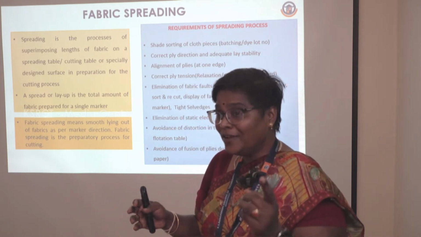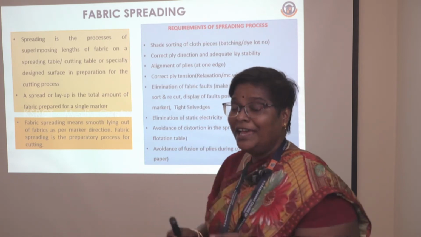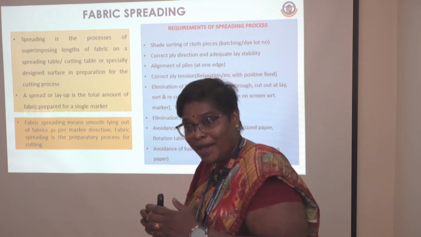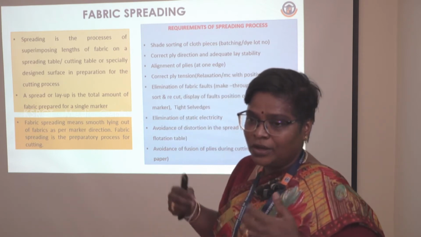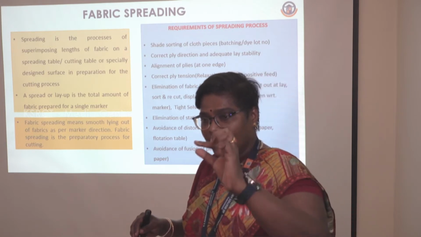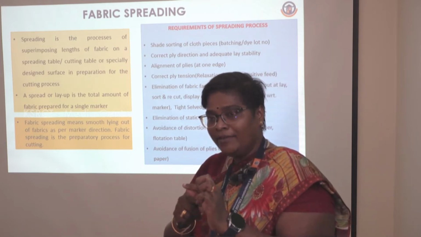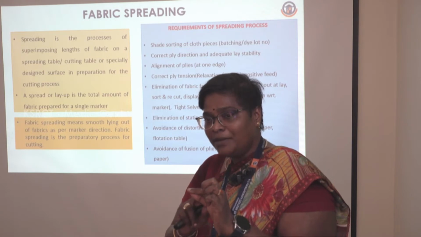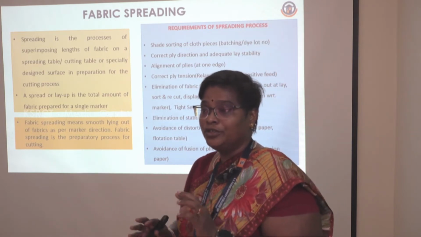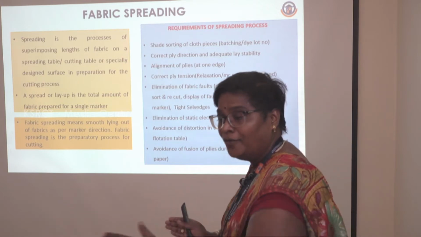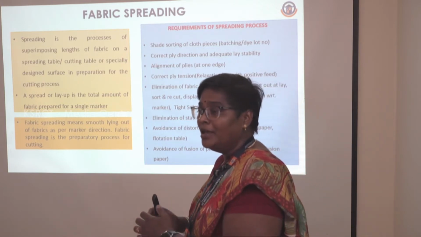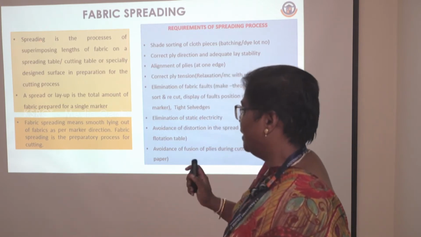So the size of every individual will be taken and considered as one marker. Whether sleeve piece, collar piece or body piece, one single garment may have 8 pieces. Those 8 pieces of all sizes should be accommodated in a single marker. That length of fabric will be laid on the table. That process we call spreading.